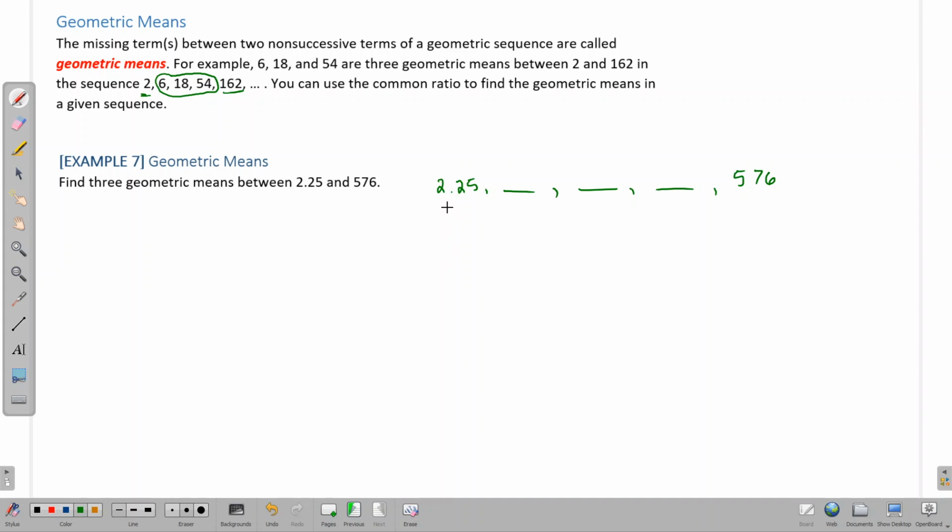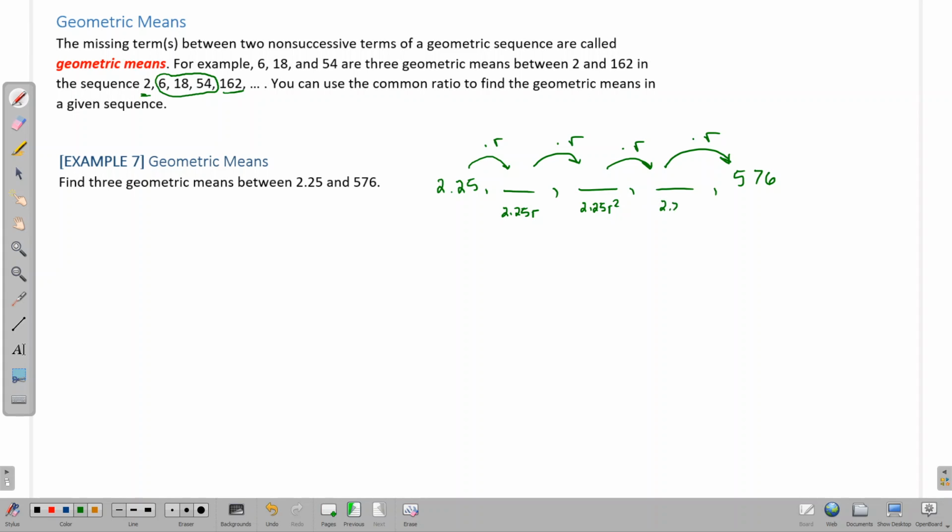So the idea is this: if the sequence is geometric, then to progress, I have to just keep multiplying the previous term by r. So in other words, this blank is really 2.25r. But then I take this number and multiply it by r to get this one, which is 2.25 r squared. I had to multiply by r twice to get here.